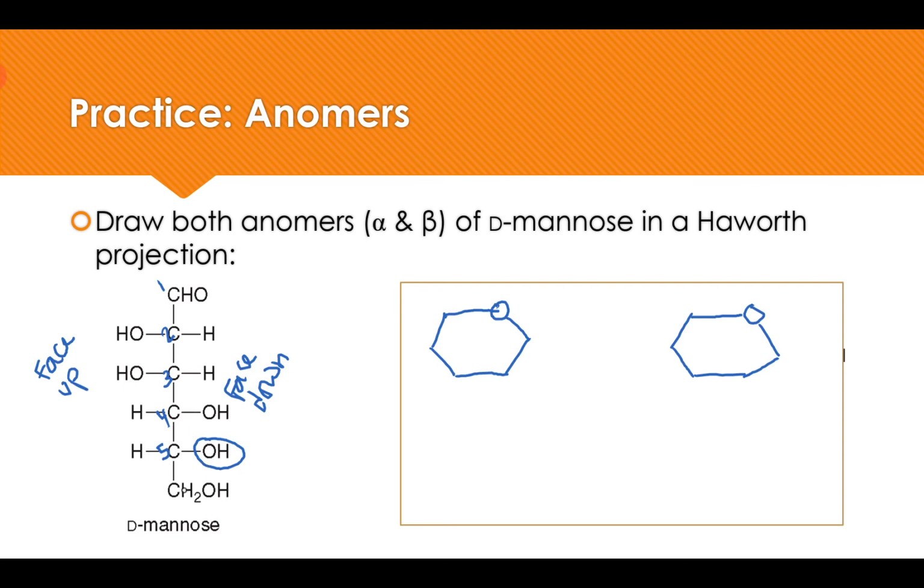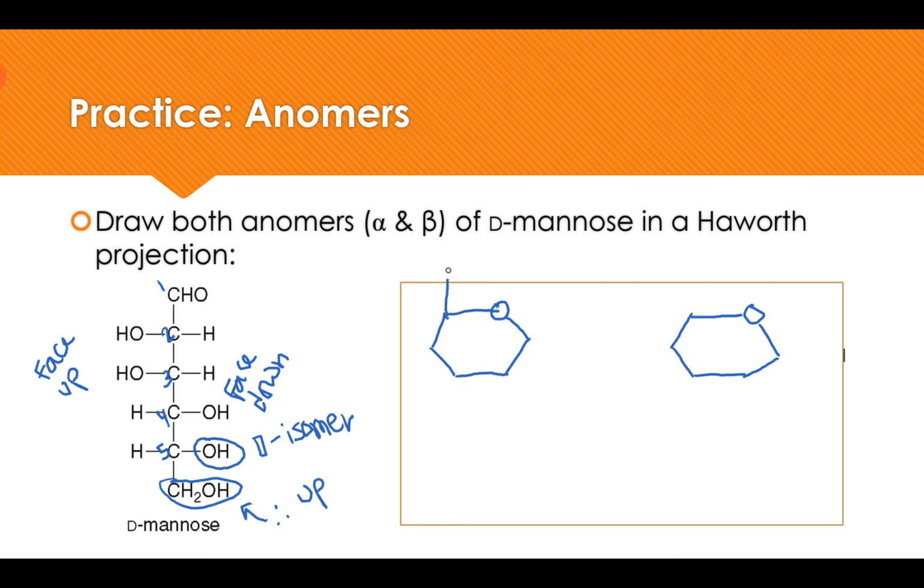Next, I'm going to decide whether to draw this one up or down. This is the D isomer because it's on the right. That means that this will need to be going up. And so the three dots here say up.